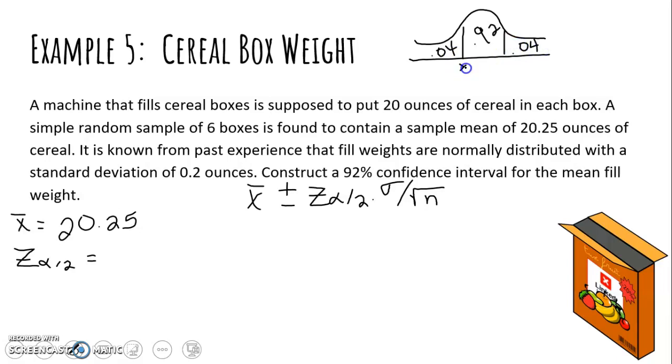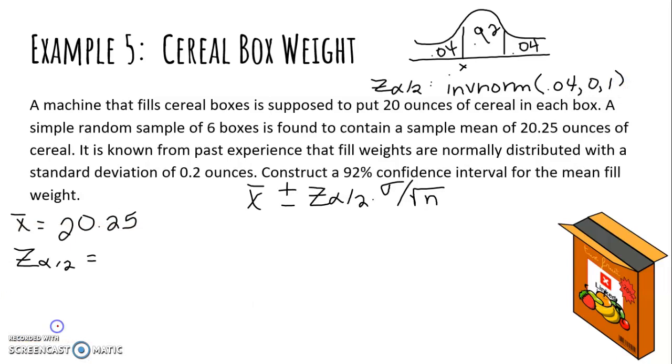So to find this number right here, which is our z, it is invNorm. Area to the left is 0.04. Remember, this particular thing is for the standard normal curve.